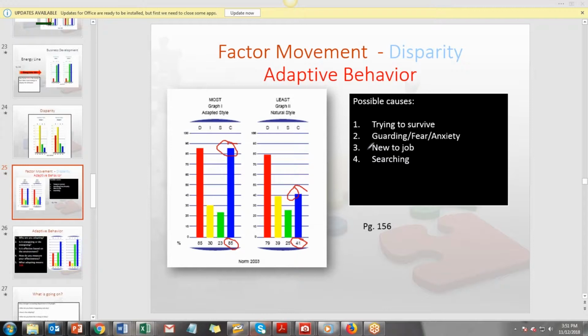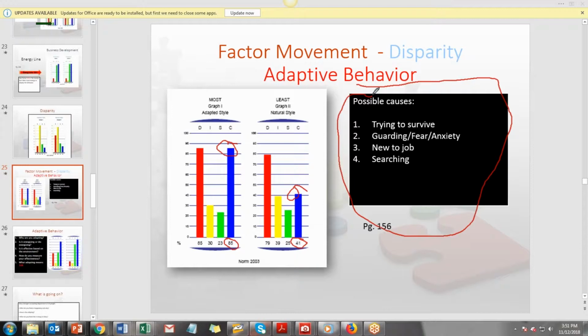Those four circles are the same thing you see on the right side of this graph here. Read those circles, somebody, and tell me what they say. The first one says trying to survive. The second one says guarding themselves from consequences or because of fear.